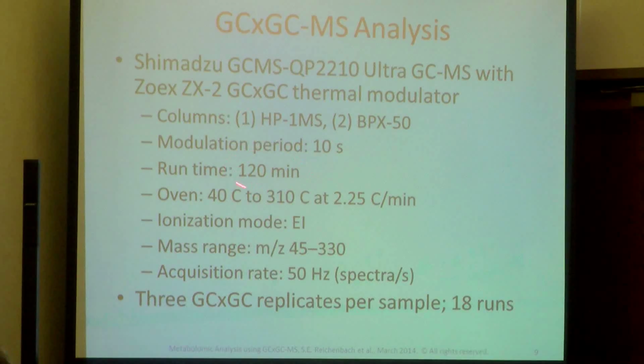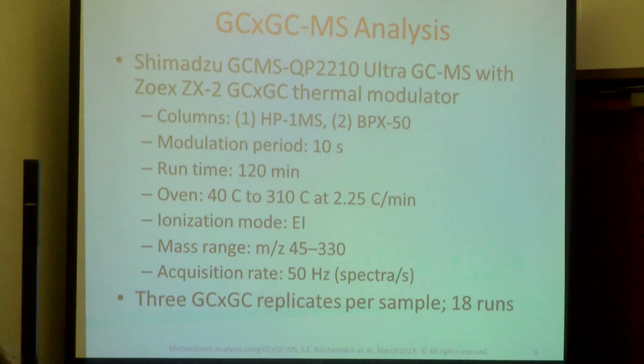The runtime was about 2 hours. There's an oven ramp to accelerate the analytes, and we're using EI, electron impact ionization, and the acquisition rate is fairly slow by GCxGC standards, 50 hertz.